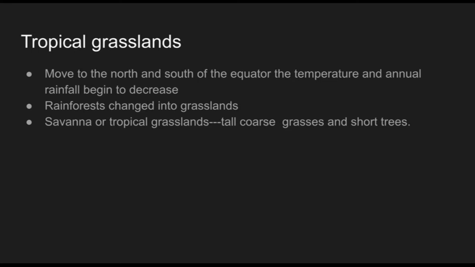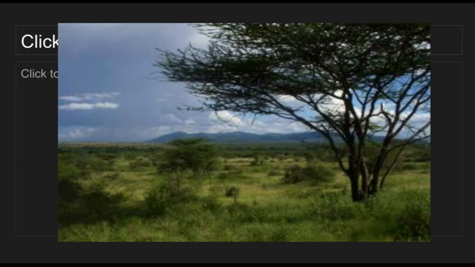Rainfall is still there, but compared to the tropical rainforest, it is reduced. That is why we see tall grasses and short trees, called savanna or tropical grasslands. This is another speciality in some parts of Africa, because tall grasses and short trees can be seen together, and that is called savanna.